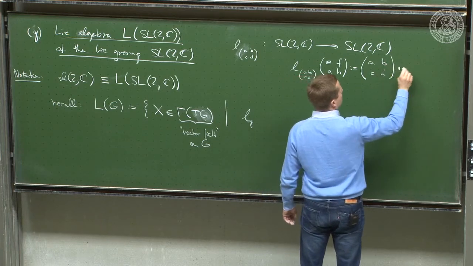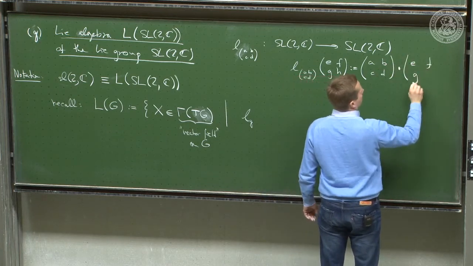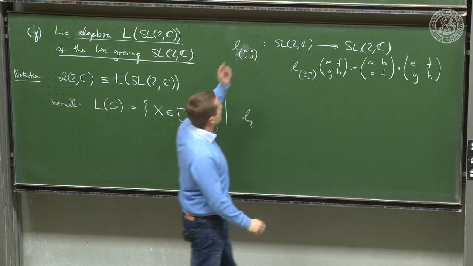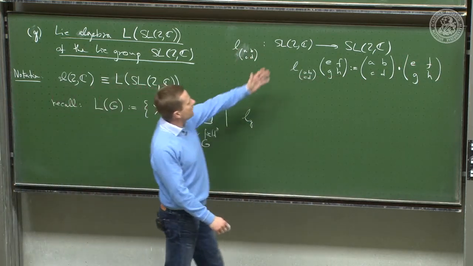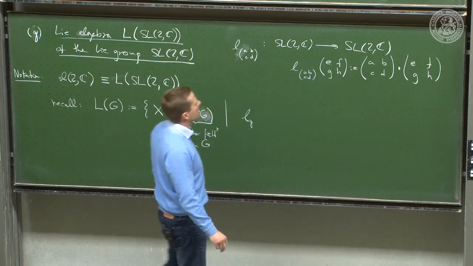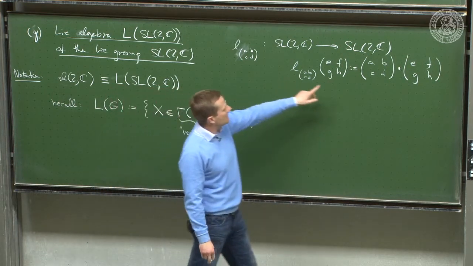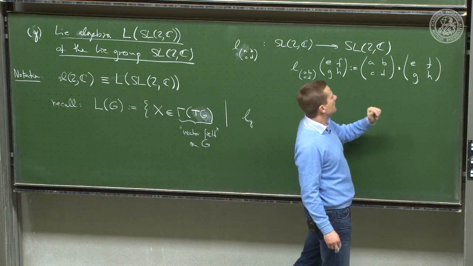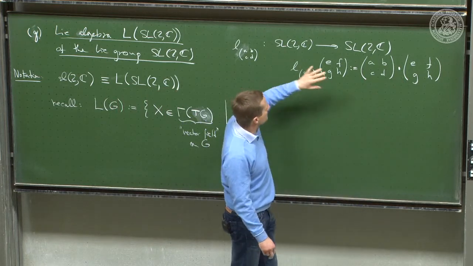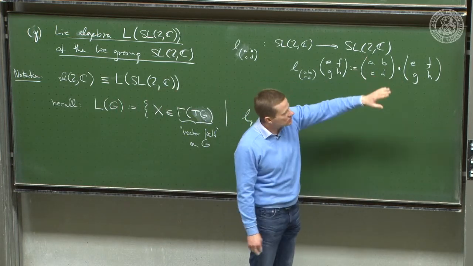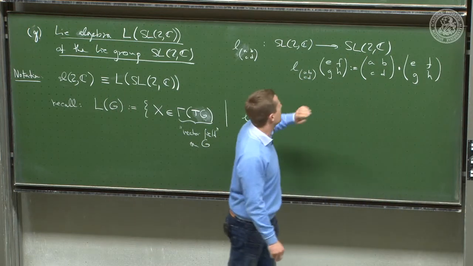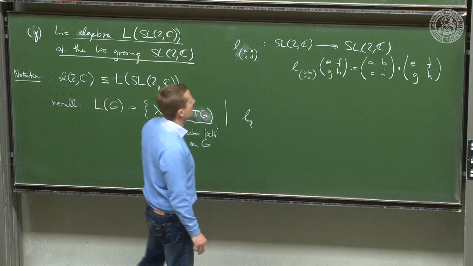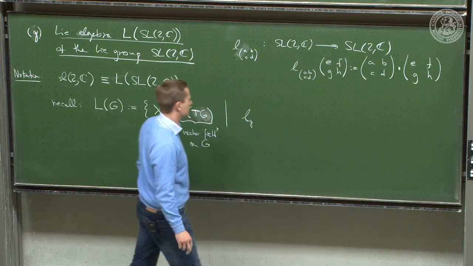That's the group operation, and this map is called the left translation. It is a map from a smooth manifold to a smooth manifold. It is, after all, part of the mu map because you fix one entry, but you can show by virtue of the definition of the atlas on the Cartesian product that this also is a smooth map from SL2C to SL2C.